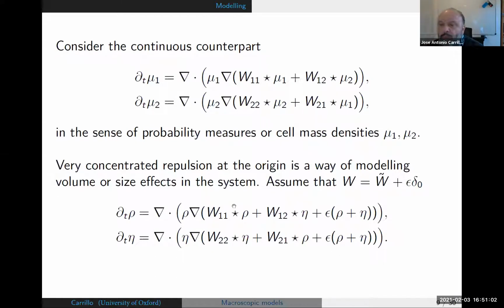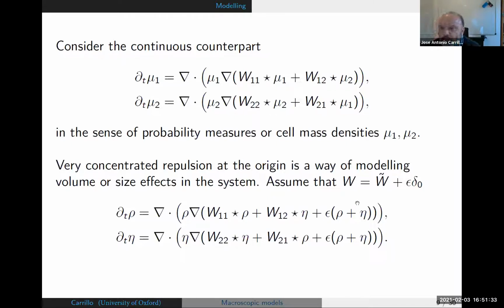And if you think now about this final system, you have this part that acts as the mechanical part, in which you can interpret that each of the densities is feeling the pressure of the total population, because rho plus eta is the total population, and the gradient of rho plus eta, with a minus sign because I'm writing the right-hand side, is the total pressure produced by the total population.